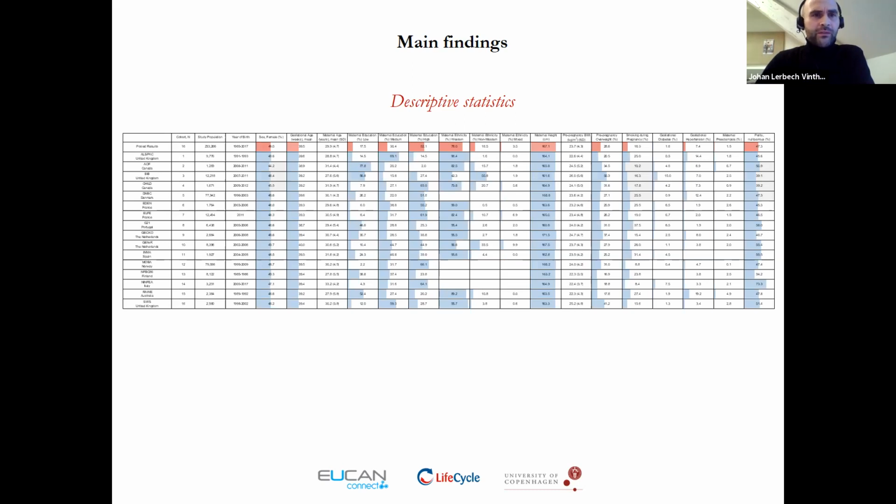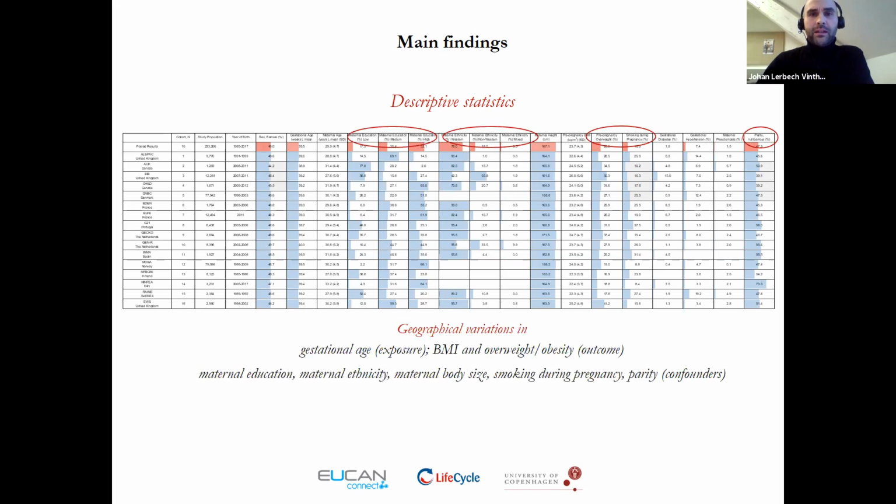So obviously there's a lot of numbers here which are unreadable for many of you, but I think the key message here is that there's geographical variations in the exposure of interest, gestational age. Many of the cohorts have data from week 28 to 43, but a few only have data from week 30 or week 32, but also there's variations within each week across the cohorts.